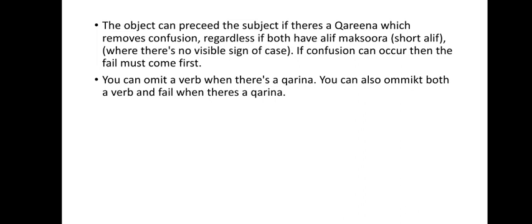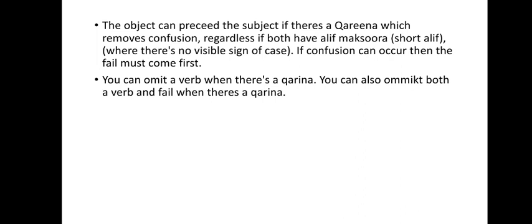Next, it's important to note that sometimes we'll find that the object, the maf'ul bihi, comes before the subject, the fa'il. And if there's a qarina which removes confusion, this is permissible. Even this is permissible only when there is a sign, when there's something indicating which one is the verb, which one is the doer, and which one is the object. What is the subject and what is the object?